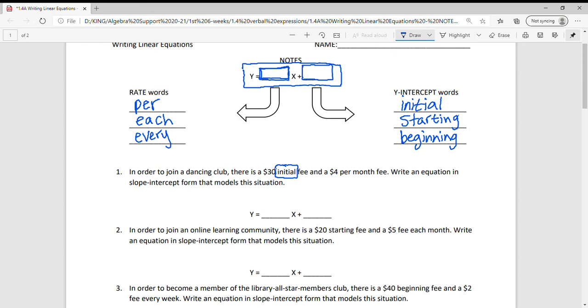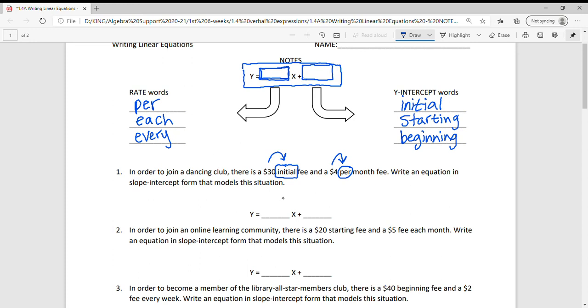So 30 is with that word initial. We'll get back to that. So there's a $30 initial fee and a $4 per, and again, I'm going to circle this word. Here's my rate word. So that 4 goes with this word, per: $4 per month fee. Write an equation in slope-intercept form that models this situation.